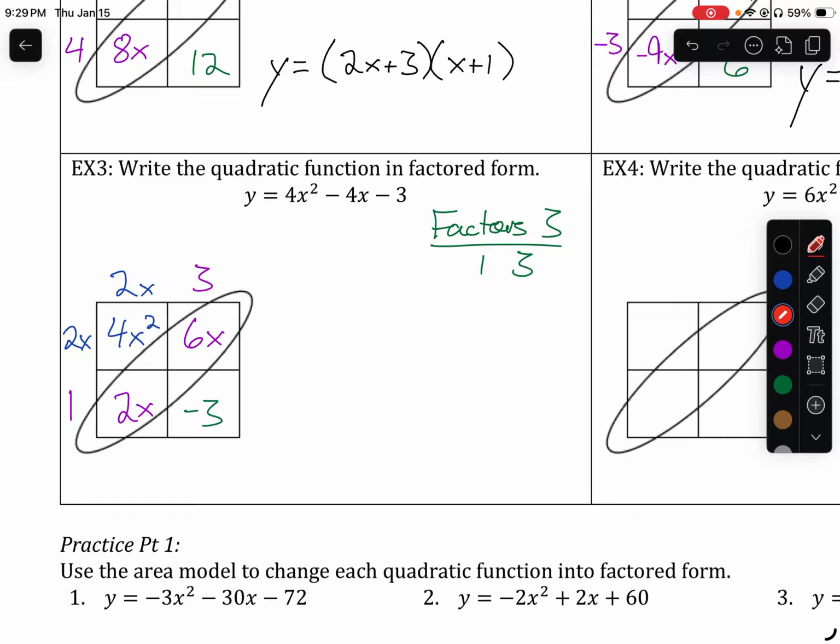So now the question is, how do we make this negative 4? Well, this has to be a negative 6x then, which means that I need this to be a negative 3. So that means that the 1 is positive. So our factored form is y is equal to 2x minus 3 and 2x plus 1.